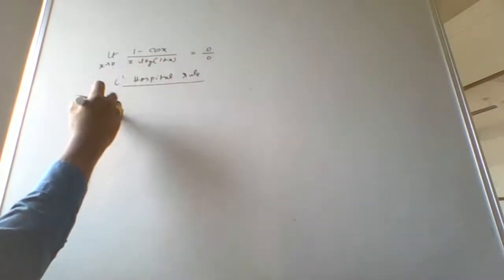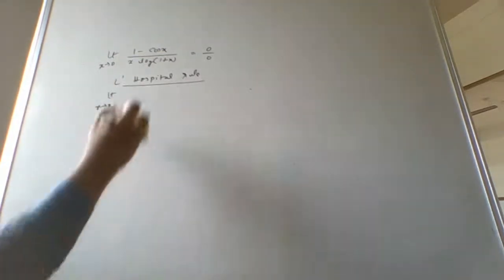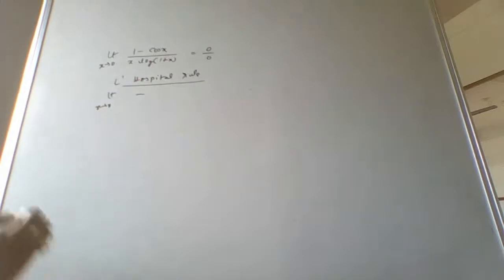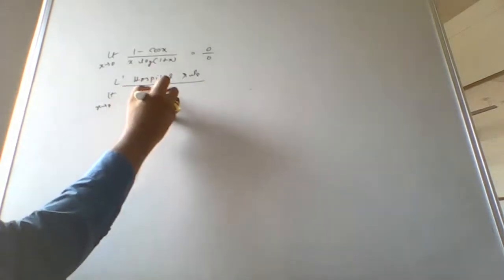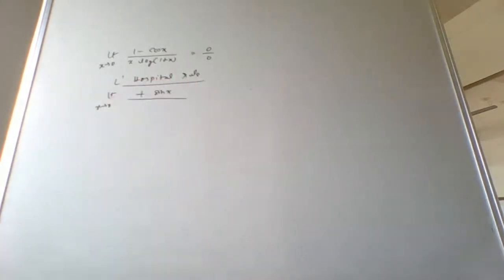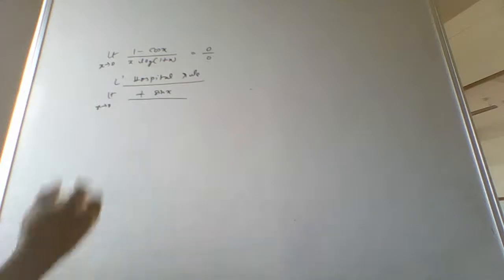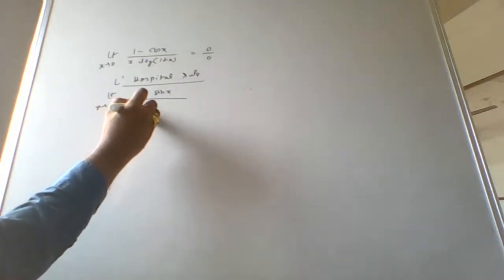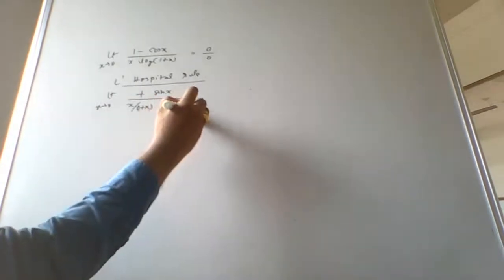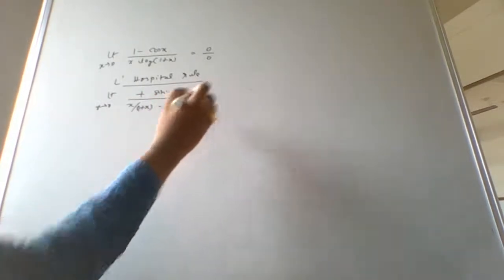So limit as x tends to 0, differentiating with respect to x for the numerator, I'll get minus, and this is plus sine x. And in the denominator, you have x and log of 1 plus x, so that would be u into v. So that is x into 1 by x plus log of 1 plus x.